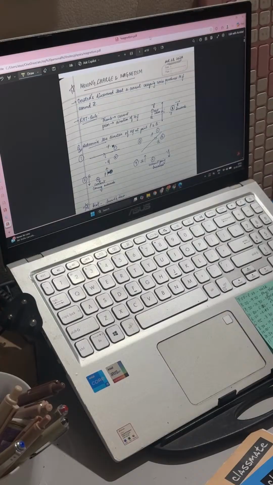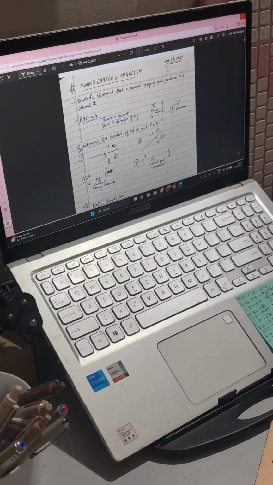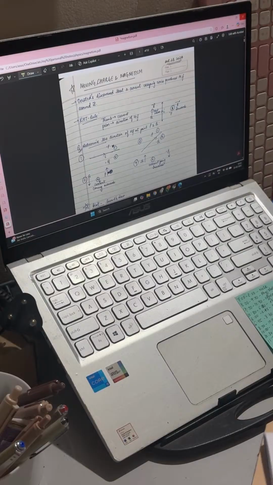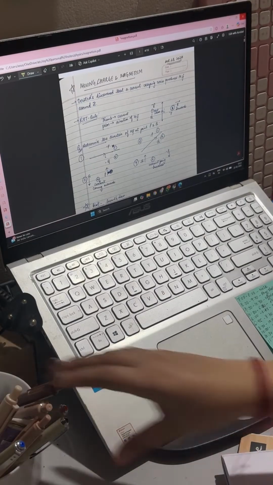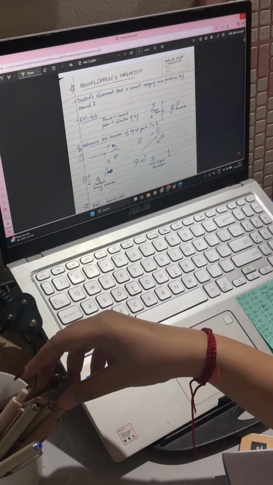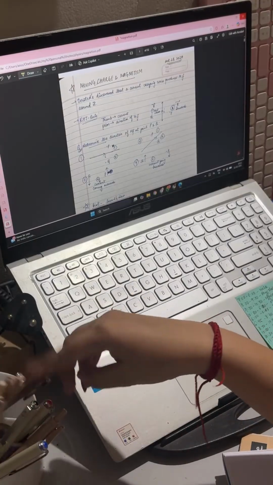I have my notebook ready with me. I've already kept the focus on the laptop screen so that you guys can see the notes properly. I do need a ball pen for this to revise.